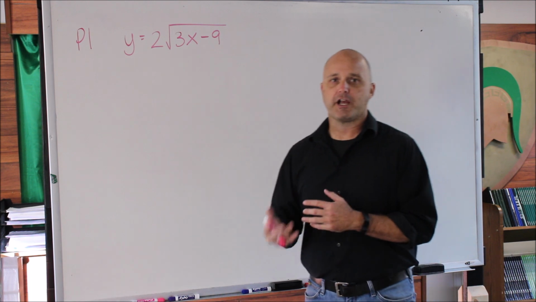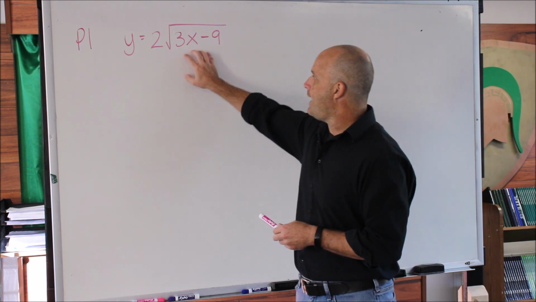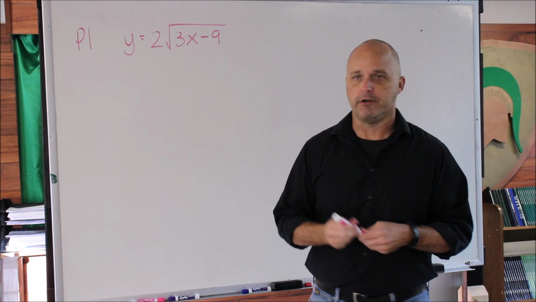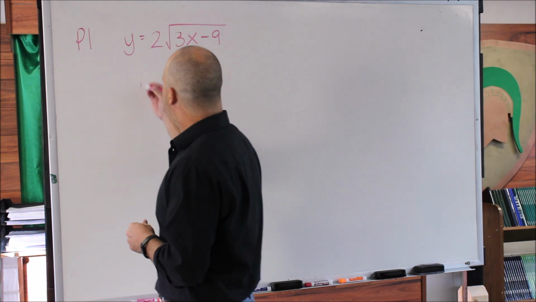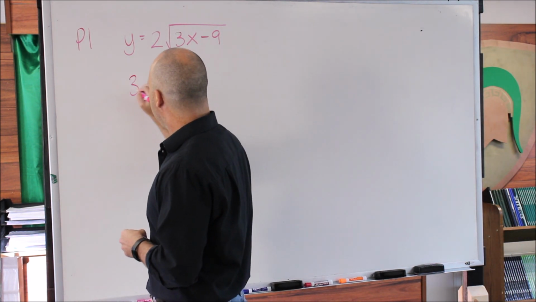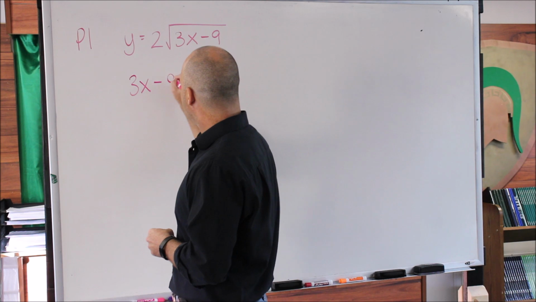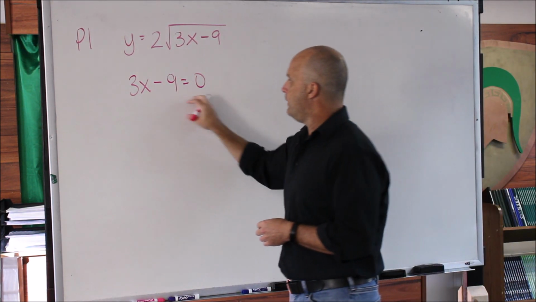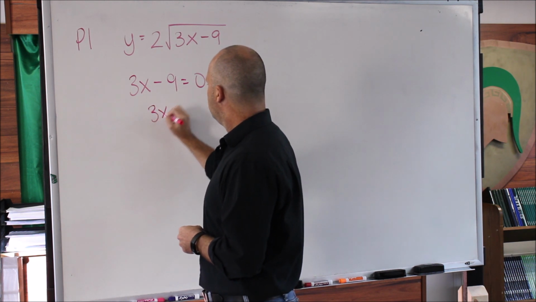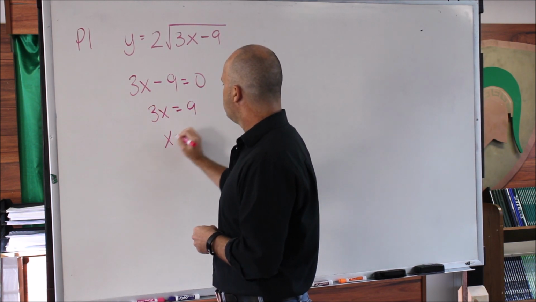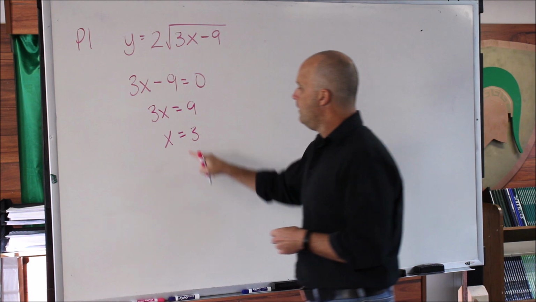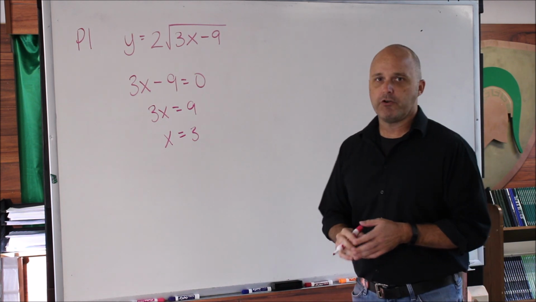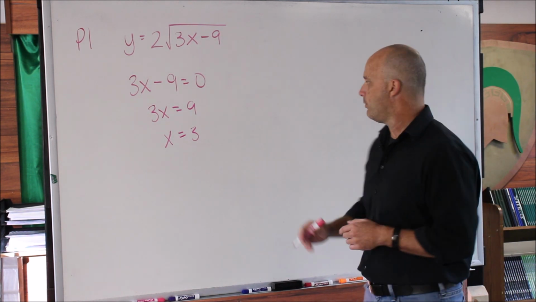So the way that we check our domain is to take the radicand and set it equal to 0. So your very last point is going to be whatever point is spit out when you work this problem out here. So if we do 3x minus 9, we get 3x is equal to 9, and so x is equal to 3. What this means is that our domain ends at the number 3.